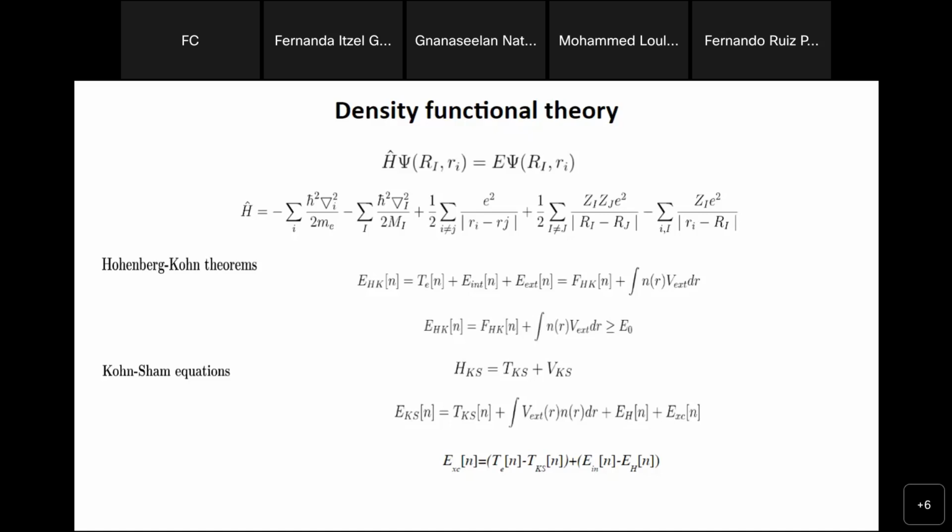And they rewrote the energy functional by adding an additional term called the exchange correlation energy. Such exchange correlation energy is the difference between the kinetic and the Coulomb interaction terms for the system of interacting particles in an external potential and the system of non-interacting particles.